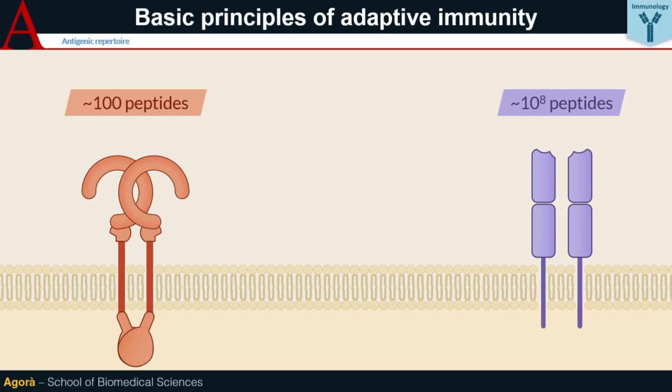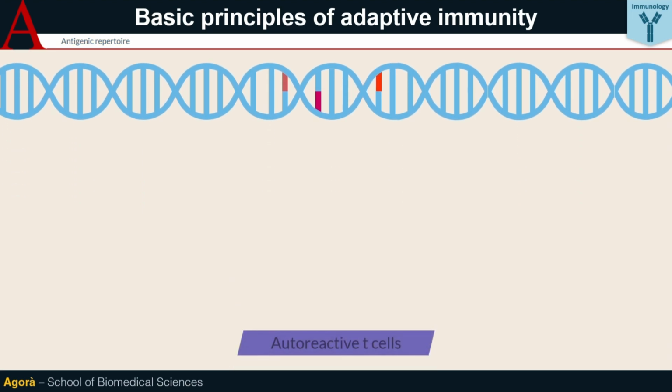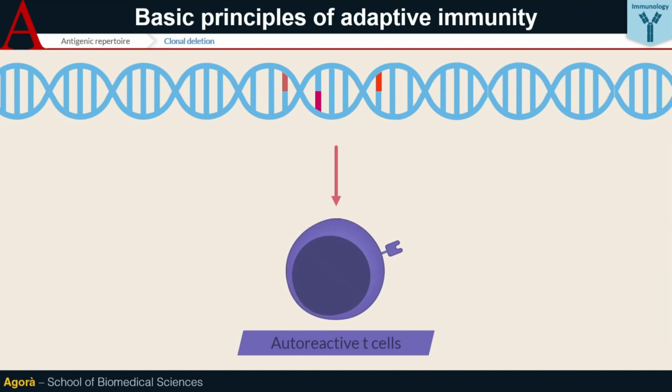Therefore, we speak of a lymphocyte receptor repertoire, and its complexity is due to the particular gene rearrangements that lymphocytes undergo during their maturation. This process is extremely delicate as it inevitably leads to the formation of self-reactive T cells, which can identify as harmful those antigens normally expressed on human cells, self-antigens.